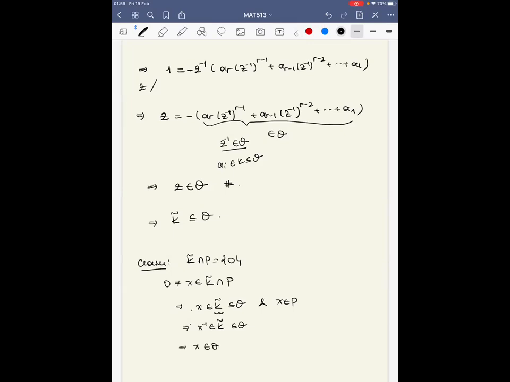Moreover, x is a unit. But this gives us a contradiction because we also supposed that x is in the maximal ideal P. So it cannot be a unit.